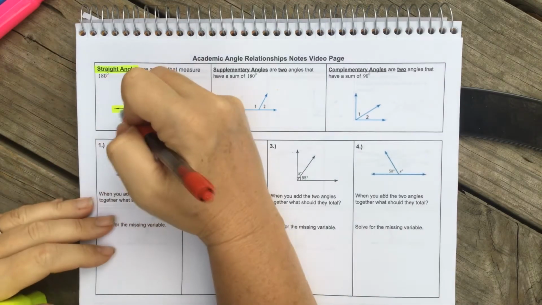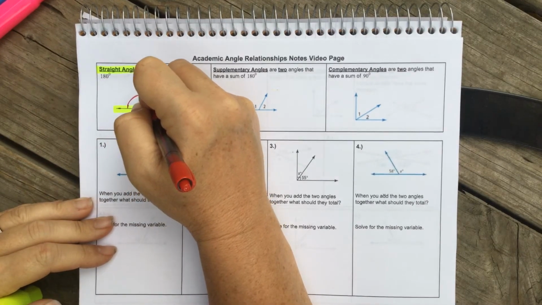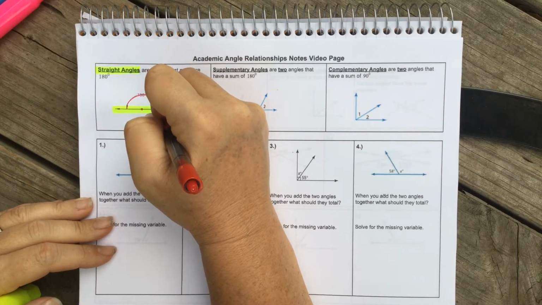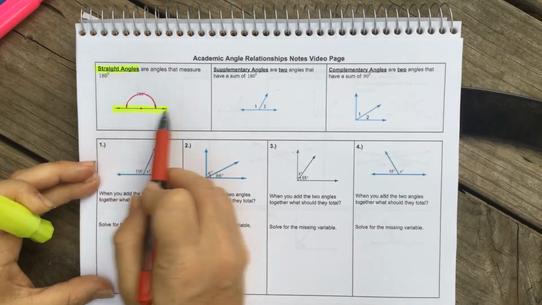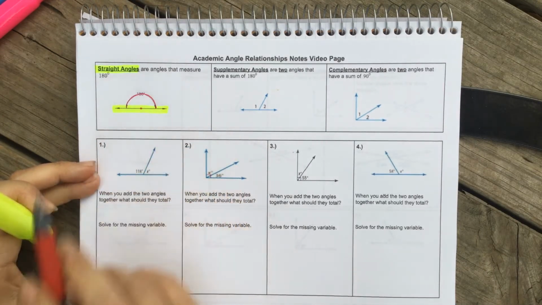When it is 180 degrees from one side to the other, we're going to call that a straight angle. That is half of a full circle, 180 degrees. So there's no two, it's just one angle, it's not two separate angles.